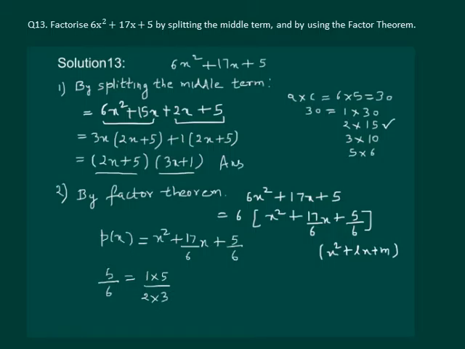So the factors would be 1 by 2, 1 by 3, 5 by 2, 5 by 3 and 1, and they can take signs positive or negative. So now we have to find P of A equal to 0 and P of B equal to 0. Then we will have the factors of Px.